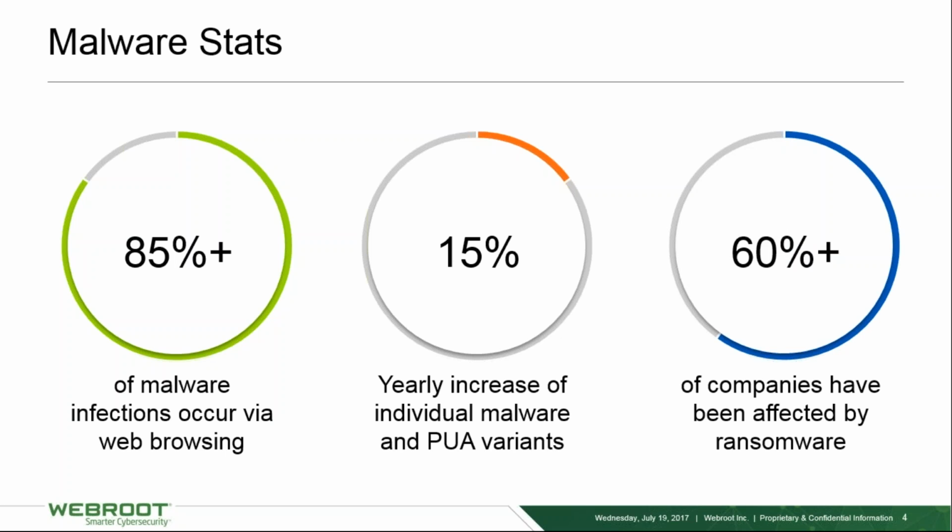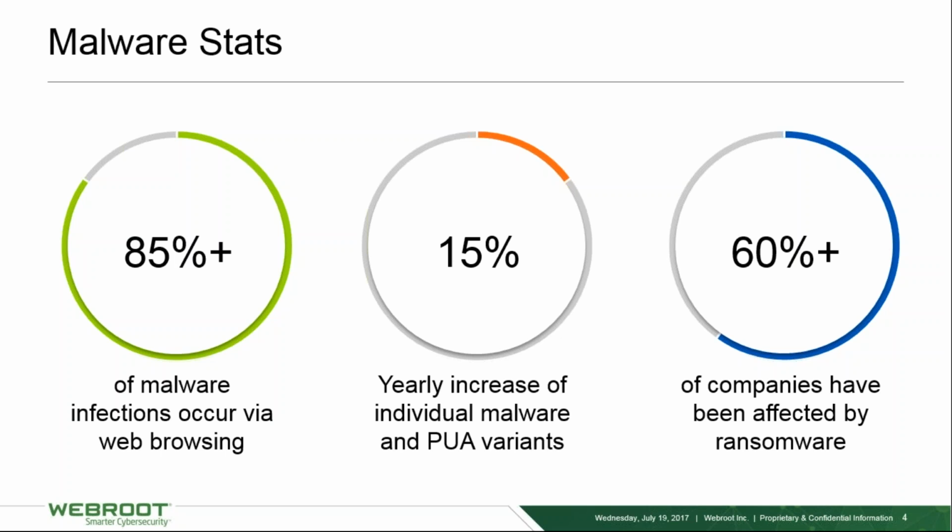Some other interesting facts are that we're seeing that malware and PUA files are more unique than ever. We have data from October of 16 through March of 17, for instance, that shows more than 95% of new malware and PUA variants are only observed on a single PC. It really points to the polymorphic nature and the fleeting or ever-changing nature of malware today.